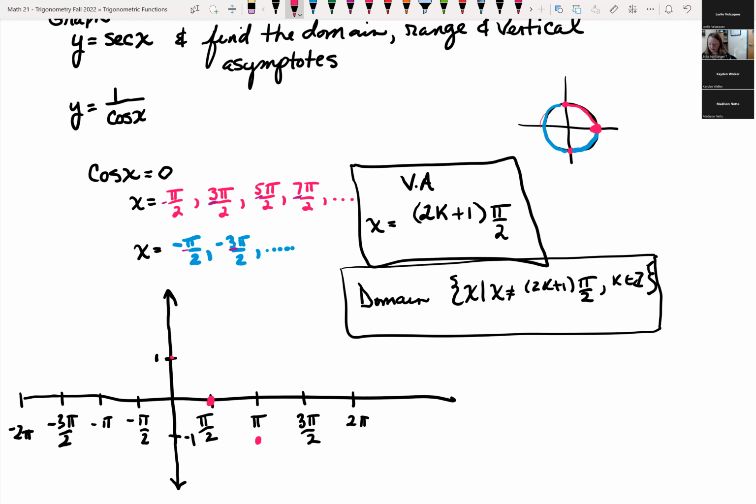Then at pi, we have negative 1, 3 pi halves, we're back up to 0, 2 pi, we're up to 1. Negative pi halves, we hit 0, negative 1. At negative pi, negative 3 pi halves, we're back up to the x-axis, and negative 2 pi, 1. So this was our graph of cosine of x.